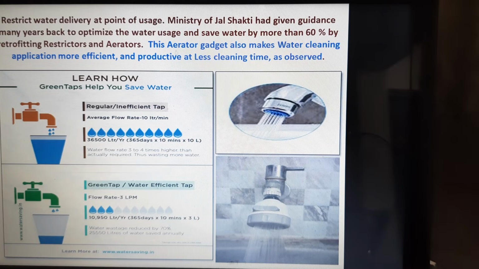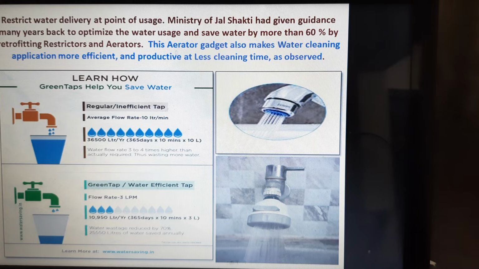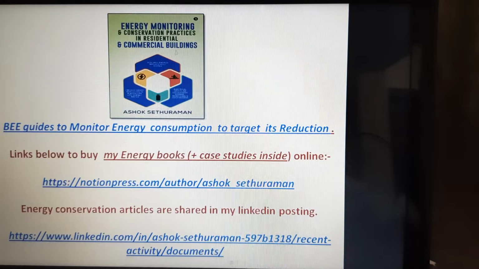Water saving can be achieved by fitting restrictors in many small cleaning applications, or in all vessel cleaning applications, where aerators give excellent savings of more than 50%. This can definitely be used because water is precious now, and it needs to be saved by every individual, in residential buildings, commercial buildings, societies, buildings and industries.